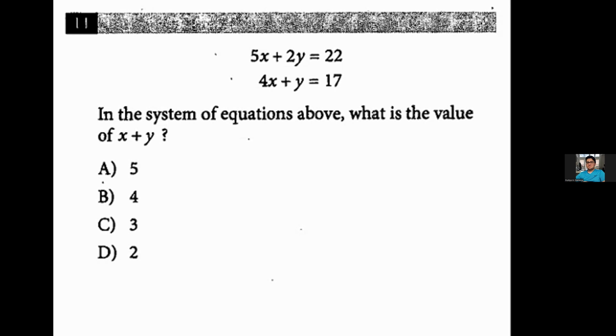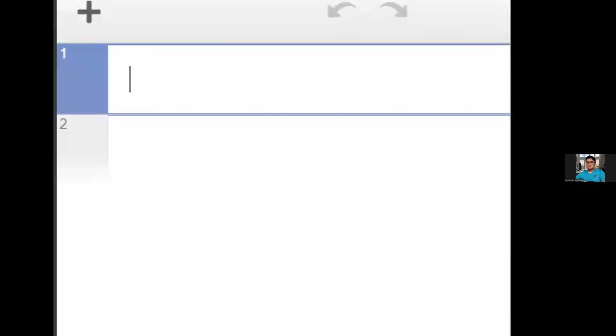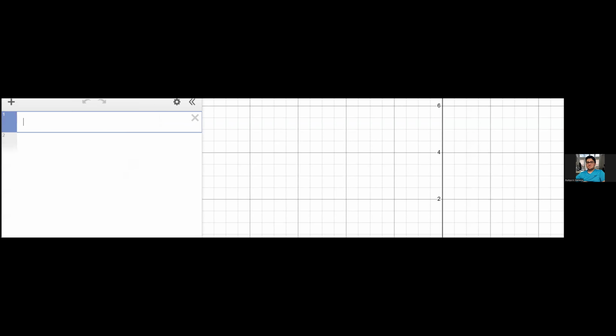I would really suggest you should put this into your calculator. So in this case, I guess I'll just pull it up. Okay, calculator.